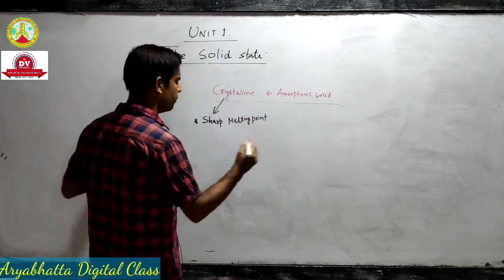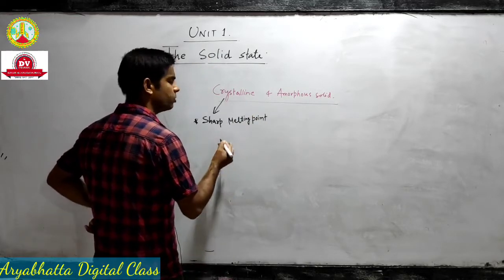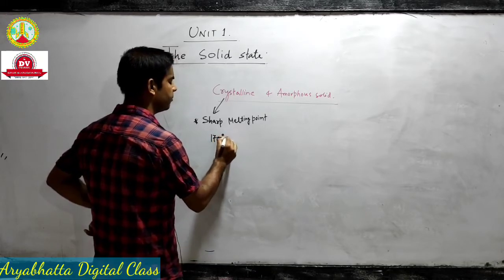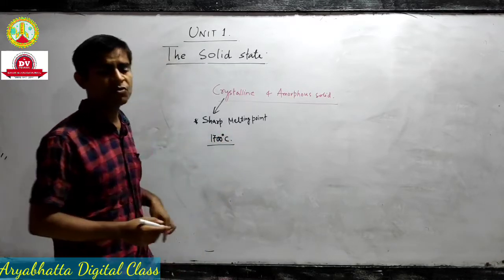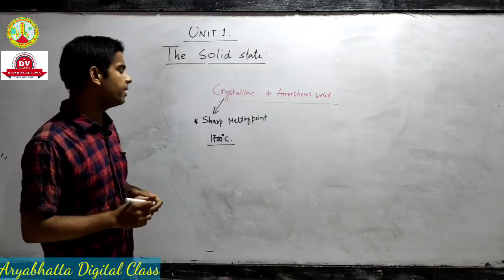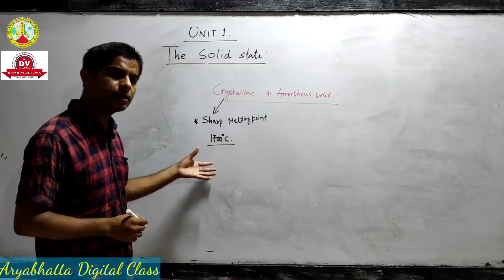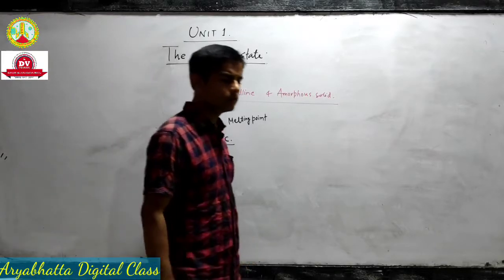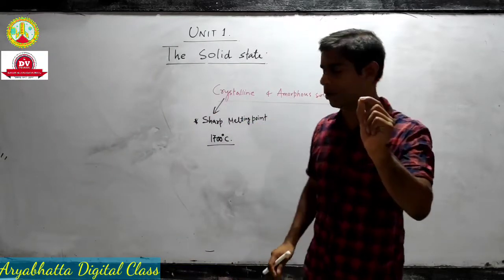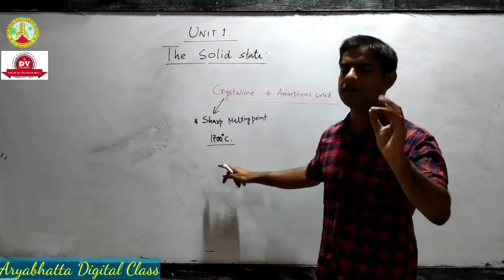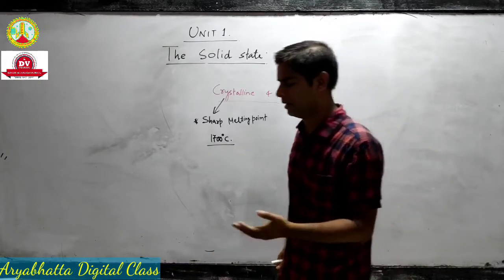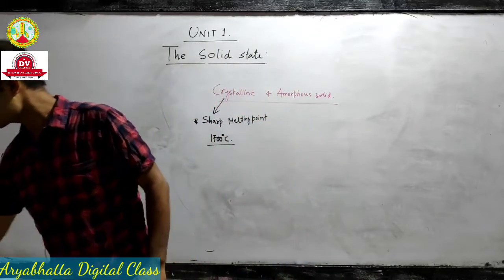Suppose for a molecule the melting point is 17 degrees centigrade. Whatever the condition, it will melt at 17 degrees centigrade.